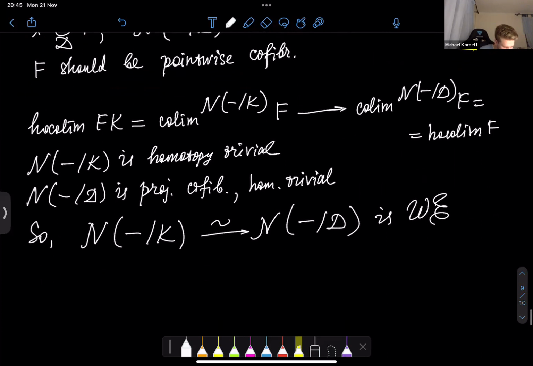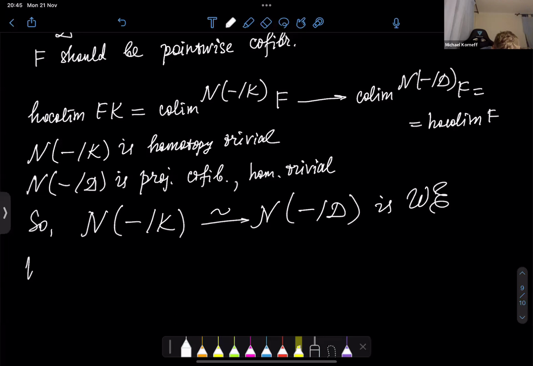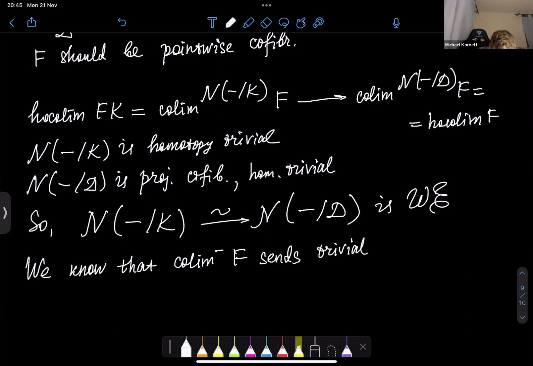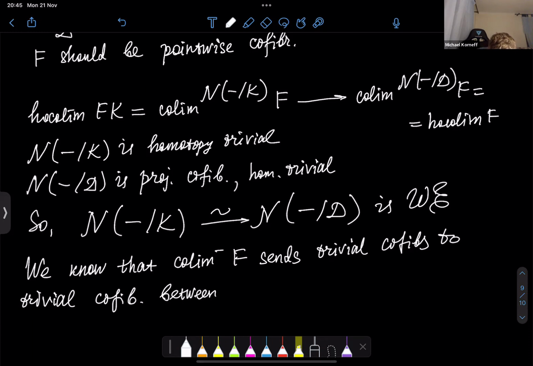And also we know by Gambino's theorem that the functor sends trivial cofibrations between cofibrant objects to trivial cofibrations, as the tensor product functor is a left Quillen functor.